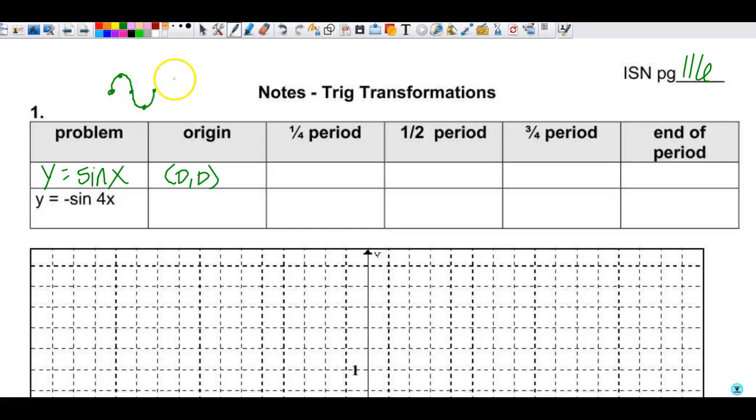So the x value would be 2 pi at the end of the period. And then the y value is 0 again. So halfway, half of the period, the y value is 0 again, but halfway, here's where I messed things up the other day. Half of 2 pi is pi. And the y value is 0.